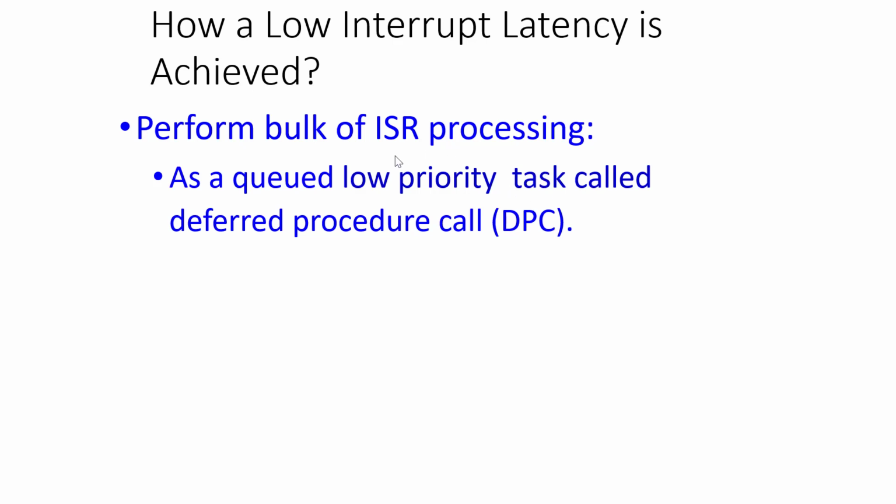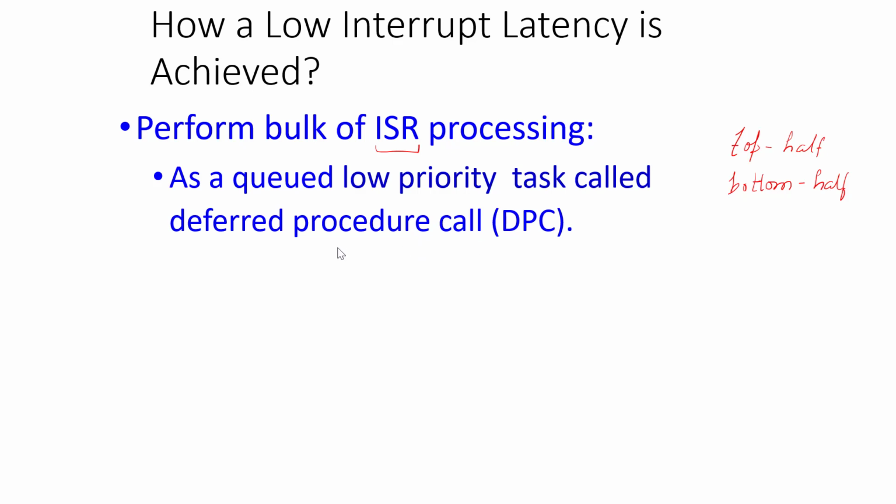So that is why what happens in interrupt processing for real-time tasks is that we essentially divide interrupt processing into two parts, top half and bottom half. So the top half initially looks at the interrupt, and if the device itself has some real-time requirements, those requirements are satisfied.